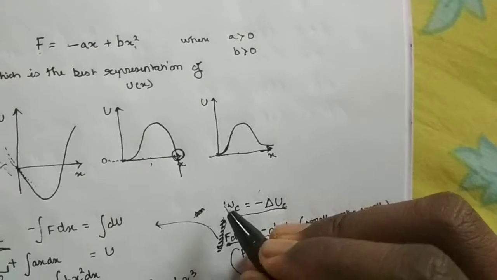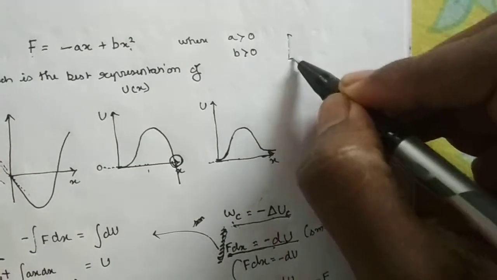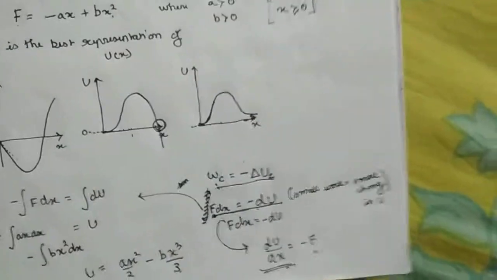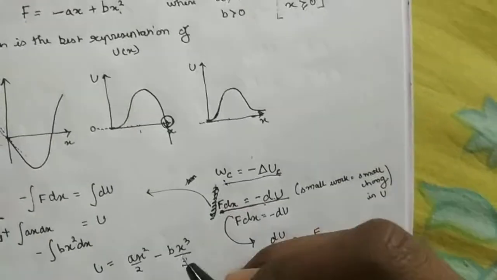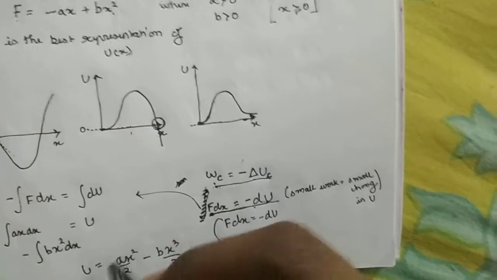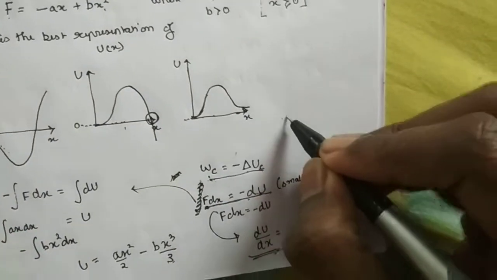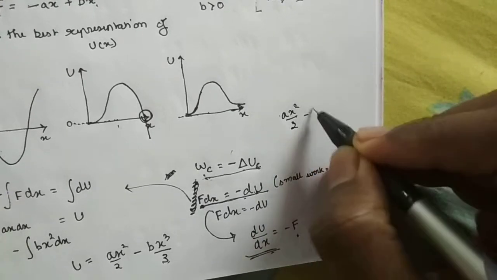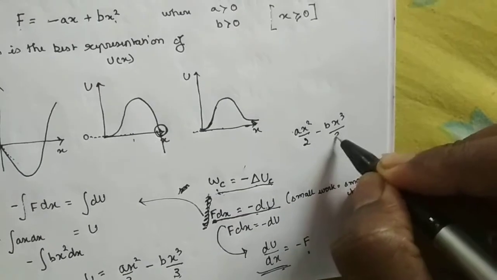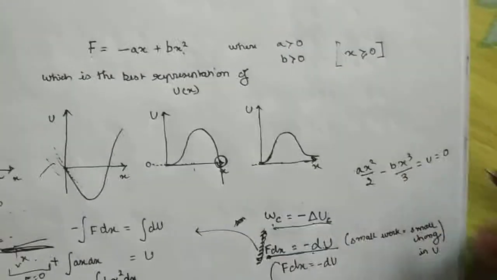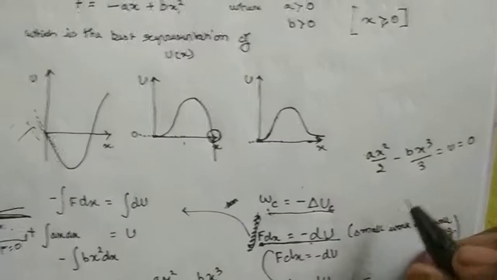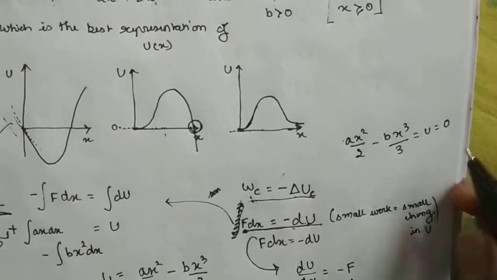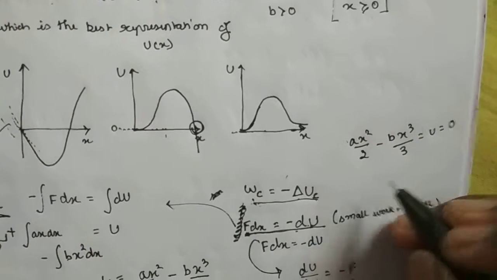Suppose you make u equal to 0, so x square by 2 minus bx cube by 3 equals 0, just to see if there is any possible value of x when u equals 0.